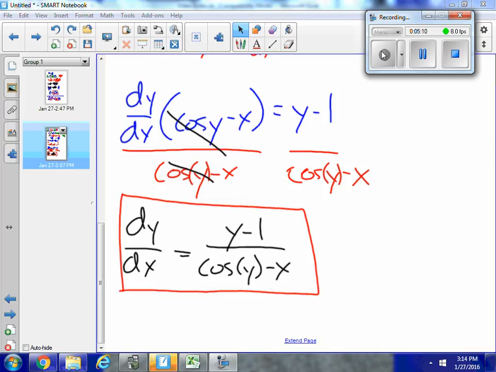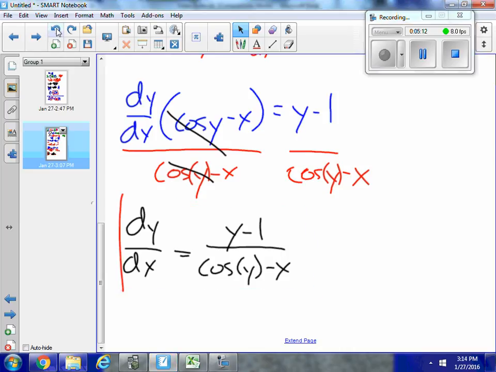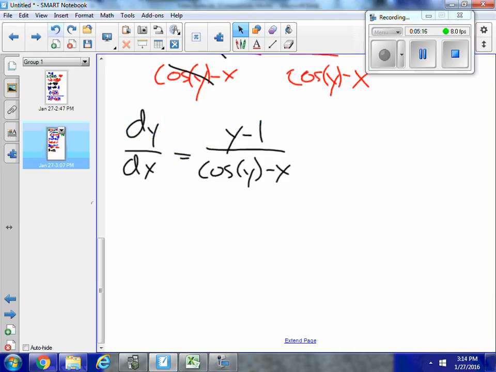I want to point one thing out. The book says that the answer, and you have to be careful with this, is 1 minus y over x minus cosine y. Well, if you get an answer like I got, and you look at the book and you see they have a different answer, one thing you should always be aware of is they might really be the same.